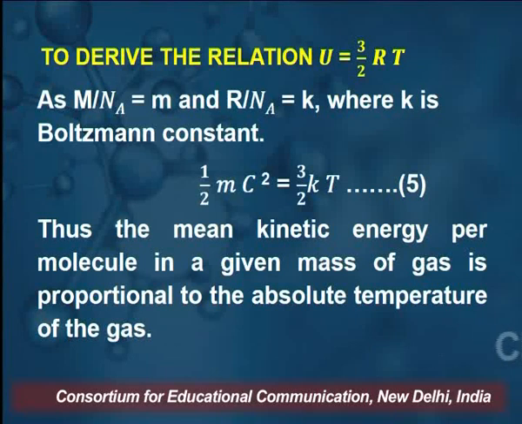So we have arrived at the result that the mean kinetic energy per molecule in a given mass of a gas is proportional to the absolute temperature capital T of the gas.